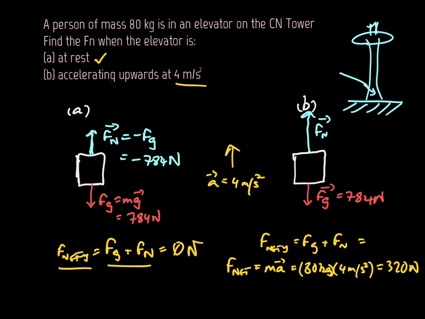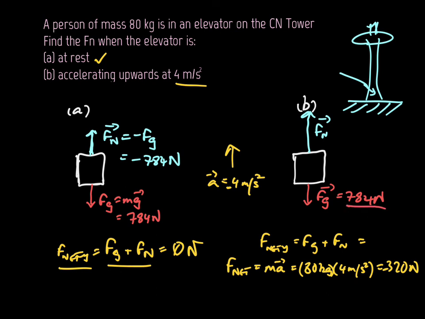Fg. Now in this case, I'm going to stick to what I did in part A, and I'm going to say that upwards is negative in this case. As long as we say downwards is positive, we're okay. And so the acceleration should have a negative, and this should be a negative, because we've set this as a positive. So very, very important that you do that.